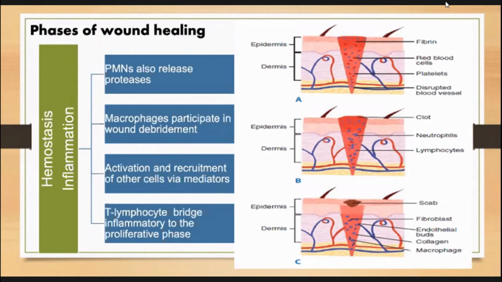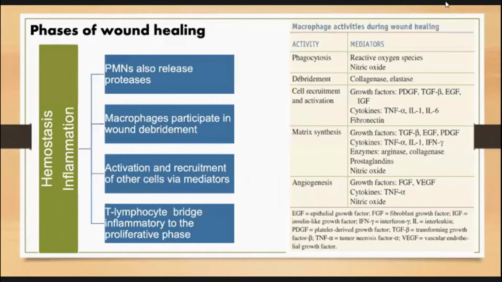So earliest are the PMNs, about 24 to 48 hours, followed by macrophages until the 4th day, and T lymphocytes about 1 week from injury, because they bridge the transition from the inflammatory phase to the proliferative phase of healing. Just review your tables right there. I've mentioned almost all of these earlier.